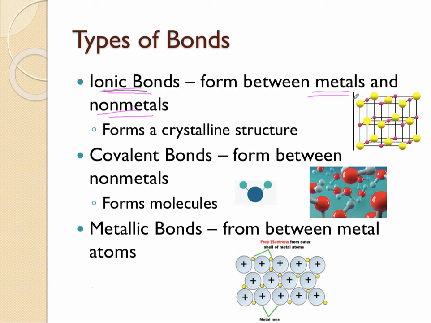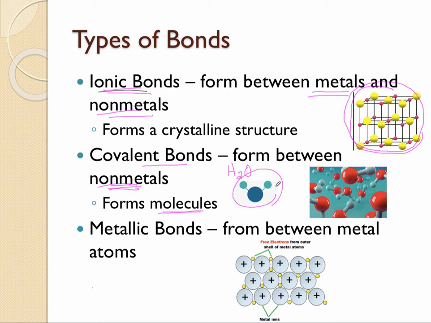The structure of a bond that forms between a metal and a nonmetal forms what's called a crystalline structure, and it's this whole big structure, and we'll talk a little bit more about what this really represents in just a little bit. Covalent bonds form between 2 or more nonmetals. These form what we call molecules. H2O is typically what everybody thinks of when they talk about bonding.